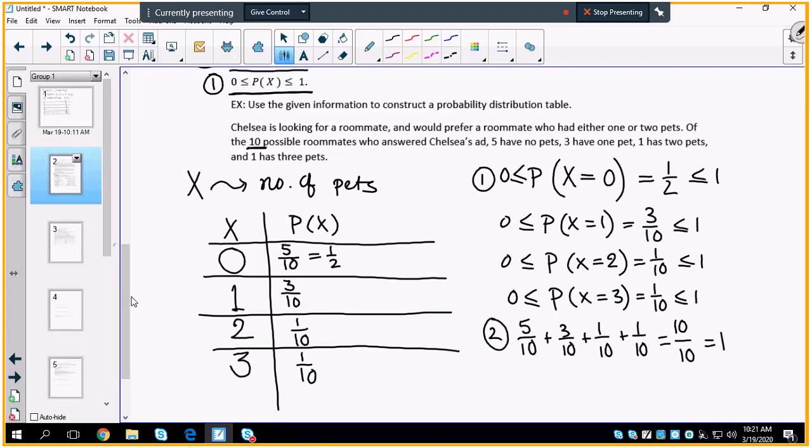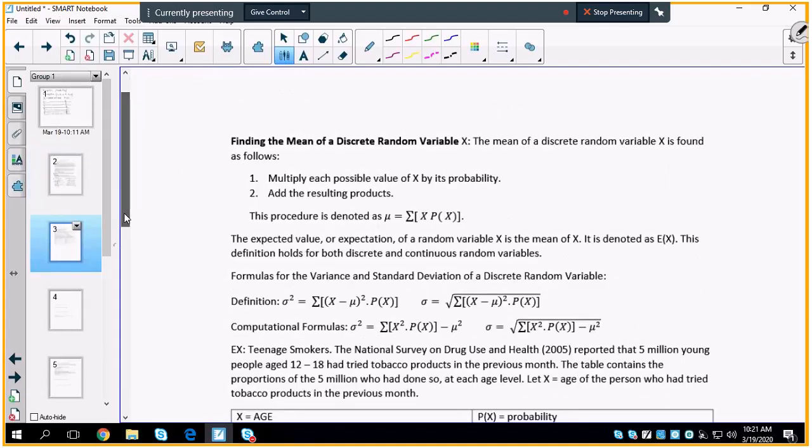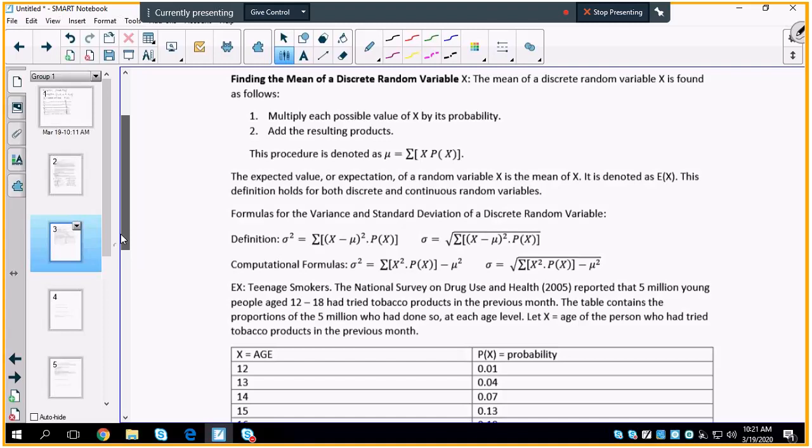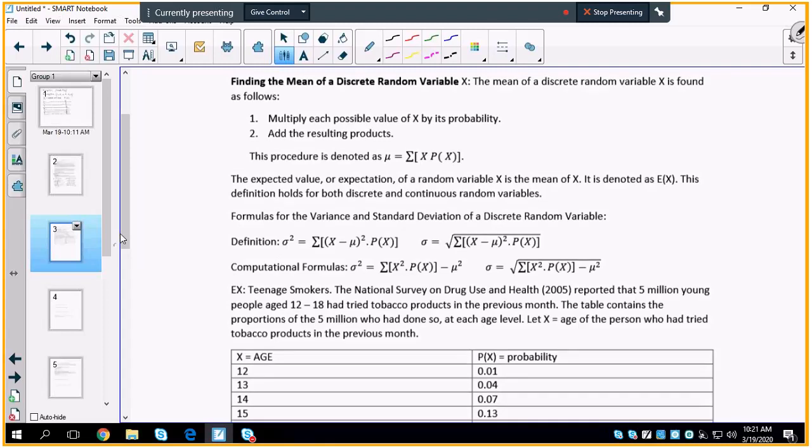So let's build up on this concept a little bit more. As you can imagine, our first target now is to understand what is the mean of a random variable and what does it mean to be the mean of a random variable.